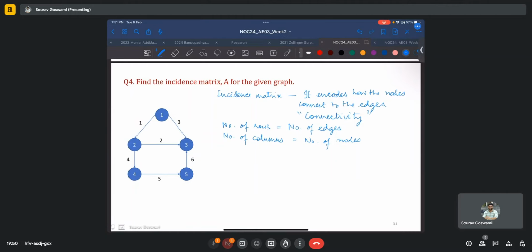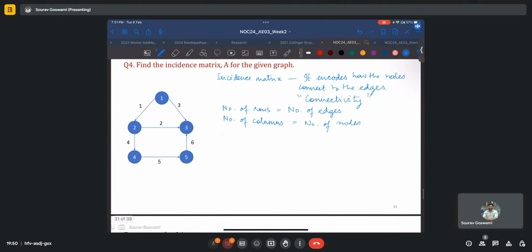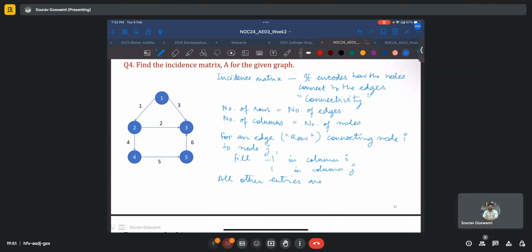Again, the way to fill up this matrix is that, say, for an edge, that is a row for our understanding, connecting node I to node J, we fill -1 in column I and +1 in column J, and all other entries are 0, to suggest that they do not interact amongst themselves.